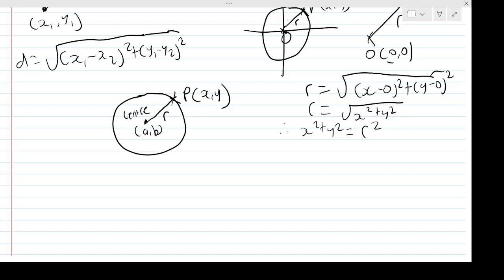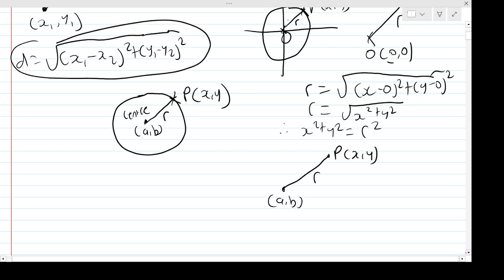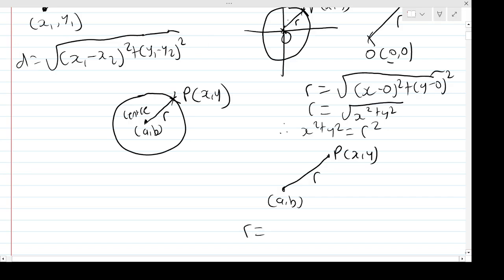Let's connect the point (a, b) to the point P, which is (x, y). That distance is going to be r for radius, but alternatively, if we use the distance formula, we get that r, the radius, is the same as the distance between the two points.